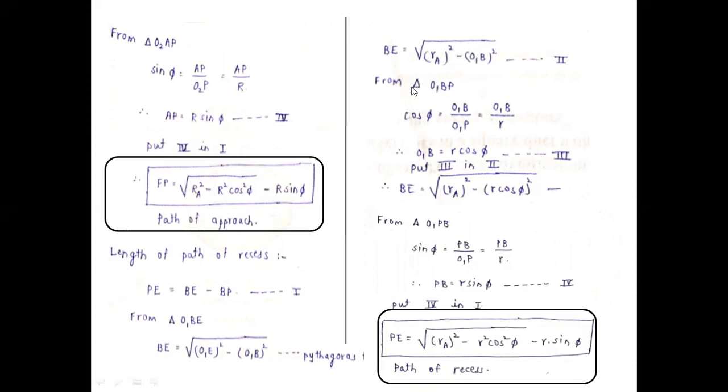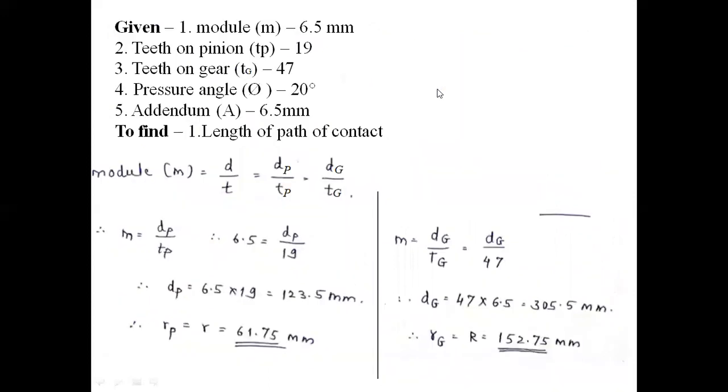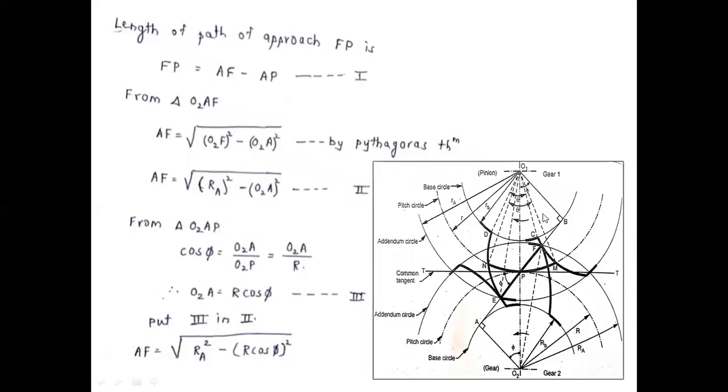So consider triangle O1BP. This angle is phi. So cos phi is equal to O1B divided by hypotenuse O1P.